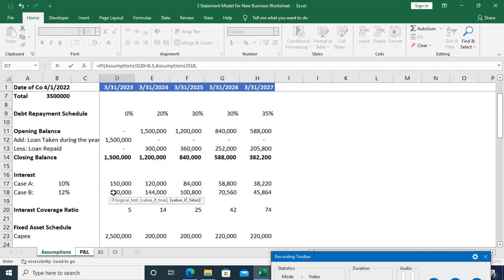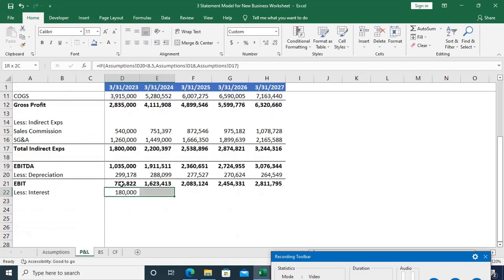If it is not less than 8.5, then we will pay 10% interest. Close bracket, enter, Shift, Control R.